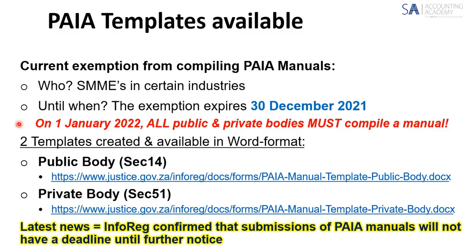As it stands at the moment, in the gazetted notice of June, if you go and have a look at the categories, if you, for instance, are an entity that operates within the manufacturing industry, and your turnover is less than, I think it was, let's say 30 million rand, then you are exempted from compiling a manual. You're not exempt from submitting the manual. You're exempt from compiling a manual. But as soon as this exemption ends, everybody needs to have these manuals.